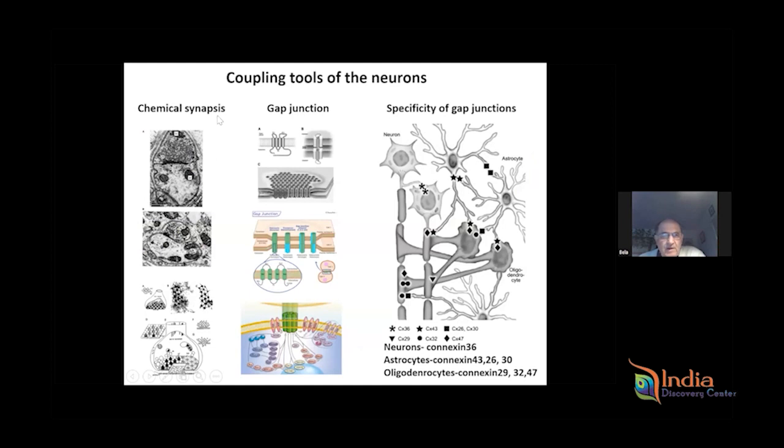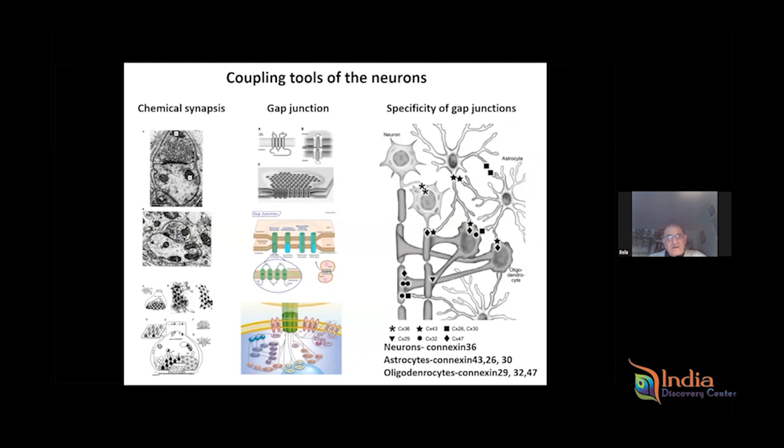So there are two big different structures through which neuronal cells can communicate with each other.